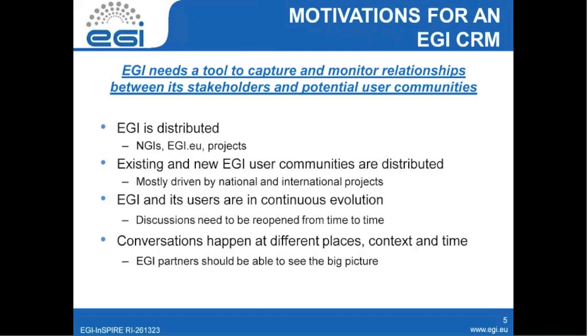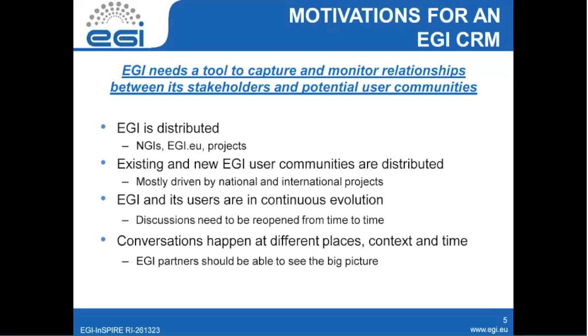And this CRM tool helps us to solve a number of issues and to deal with a number of situations in EGI. First of all, the EGI ecosystem is distributed. The key stakeholders are the NGIs, the EGI.eu office, and the different projects that contribute with high-level or low-level services.